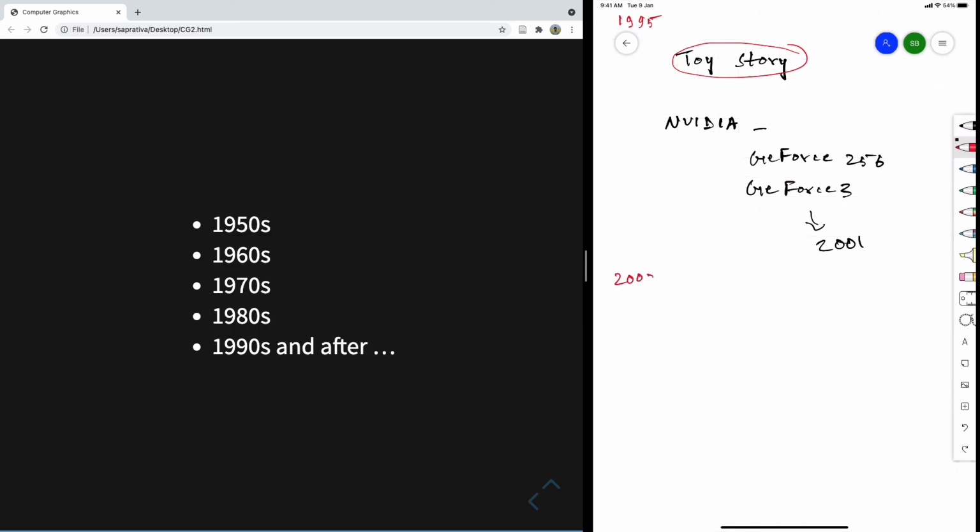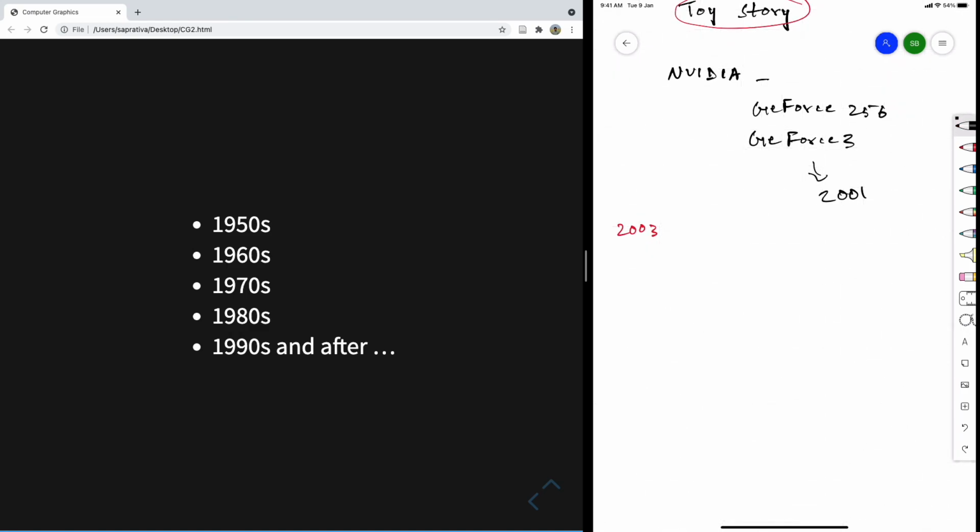And in 2003 ID Software released the Doom graphics engine.